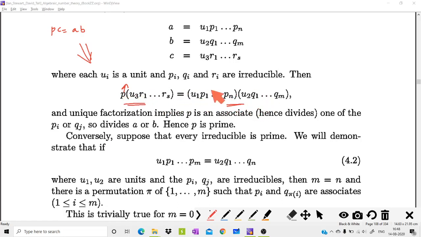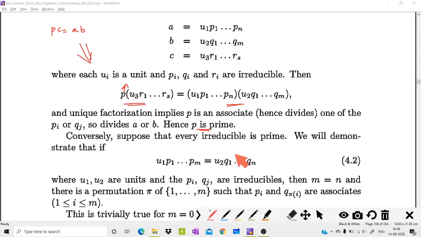So there is an irreducible either pi or qj such that this p coincides with that, or this p is an associate of that. This shows that p divides either this or this factor, that means p divides a or p divides b. This shows that p is a prime element. So this is what we have to prove in the first part.